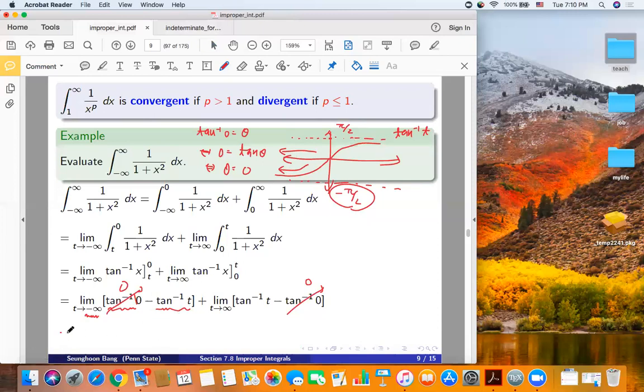So the first one keeps the negative sign: negative minus pi by 2, plus, as the t value approaches infinity, inverse tangent of t is, what's inverse tangent of t? As the t value approaches infinity, what happens to inverse tangent of t?